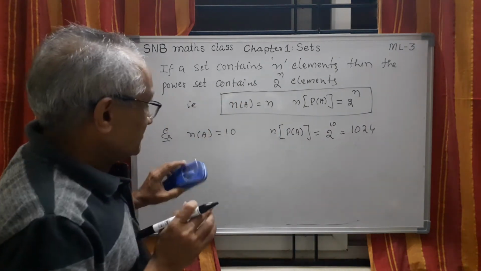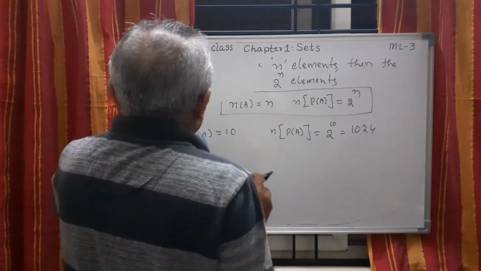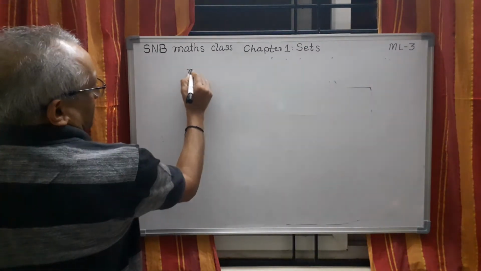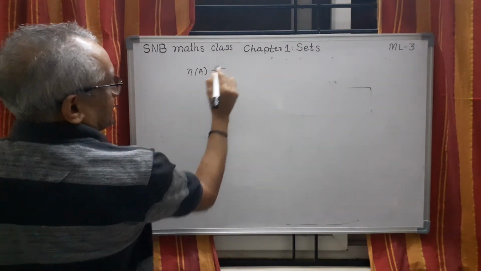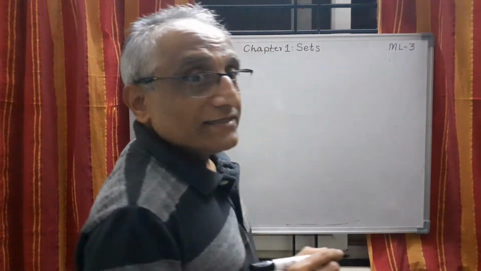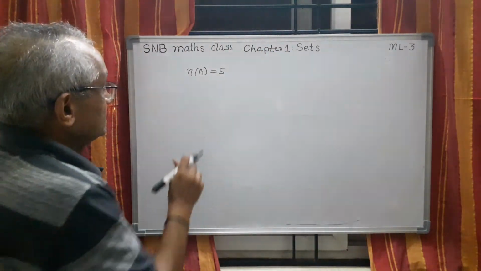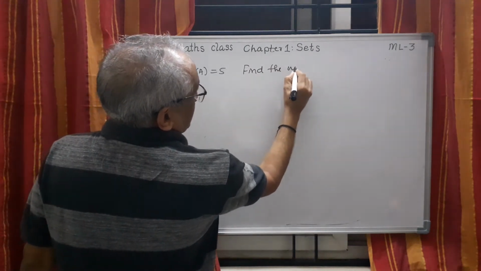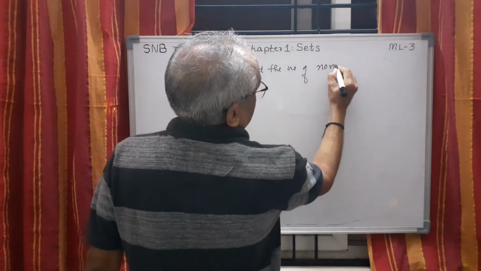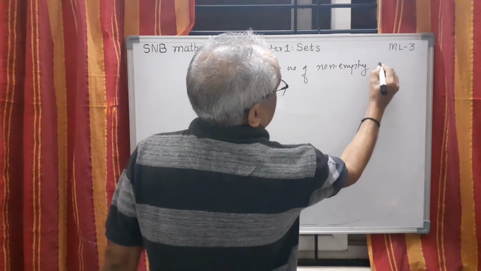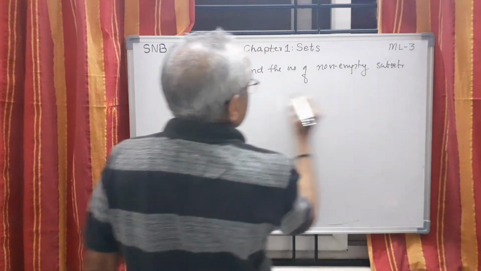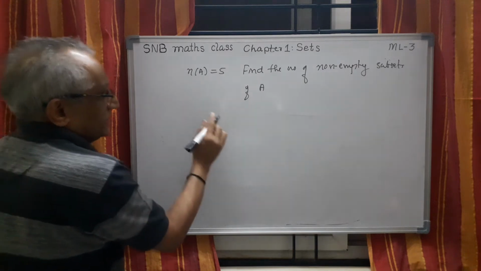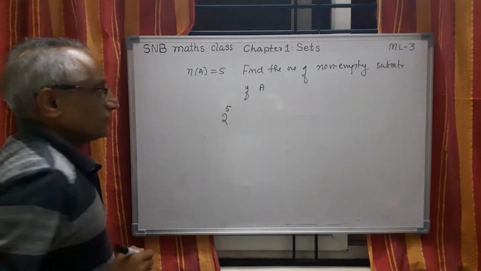Now, sometimes questions will be like this. A set contains 5 elements. That means n(A) is 5. This is given. What is the number of non-empty subsets of A? So find the number of non-empty subsets of A. We know that our total number of subsets will be 2 to the power 5.